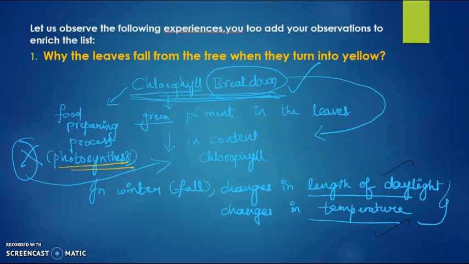Okay, so this leads to a decrease in the content of chlorophyll. That's why we call this chlorophyll breakdown. I hope you all understand. If you have any doubts regarding this question, please ask me in the comment box section.